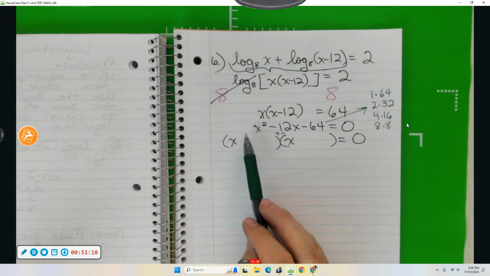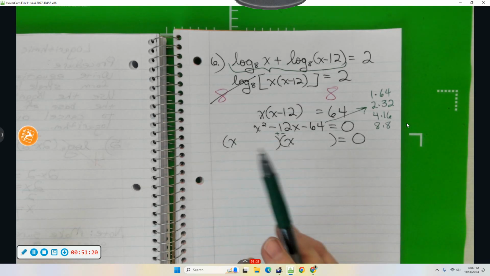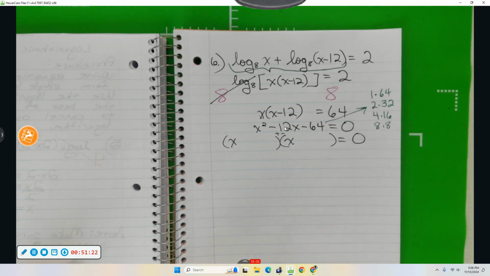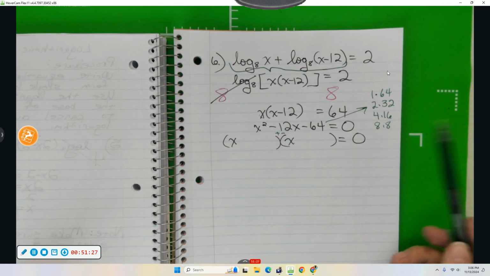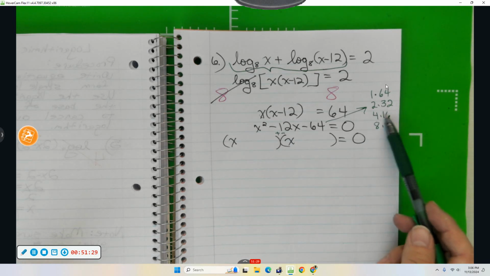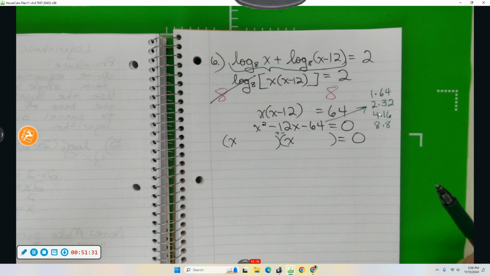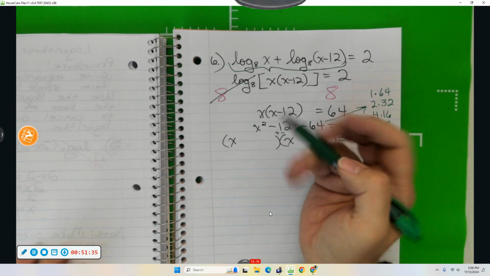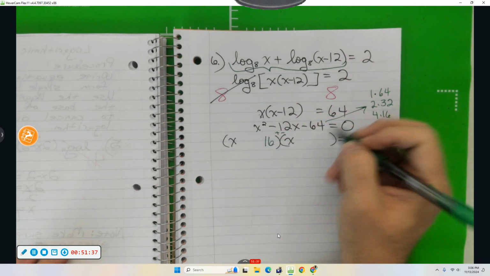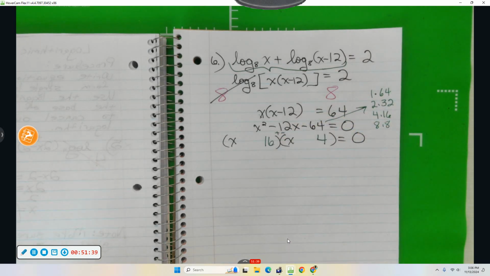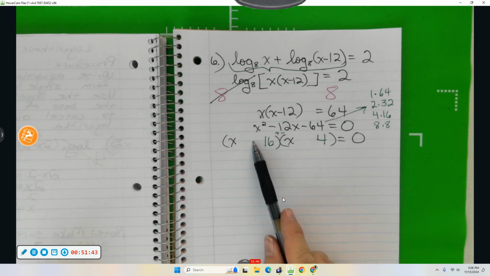So in this case, you want the pair that subtracts to give you what number? 12? Okay, so it's going to have to be the 16 minus 4. That'll give you 12. Play around with it in your head. I'll write down the 16 and the 4. You tell me, what are we going to have to put here?